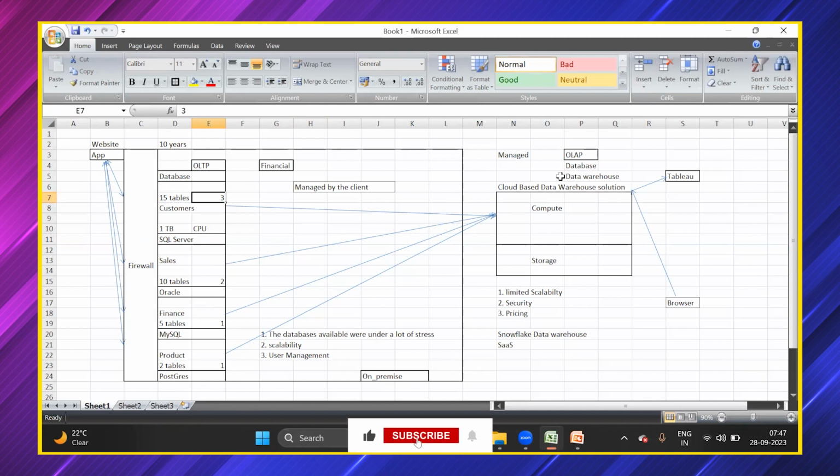We are not going to move the entire thing. We want to segregate and move only those specific data and tables which are required for the reporting purposes for now. We can move everything; there is no constraint like that.